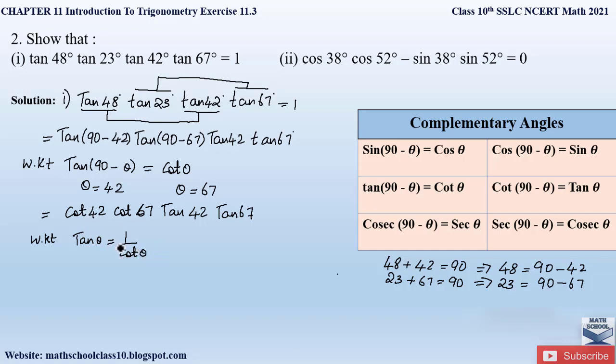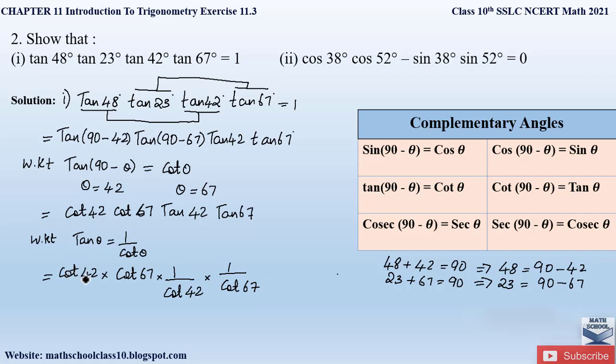So now let us substitute tan 42 as 1 by cot 42, and tan 67 as 1 by cot 67. So we get cot 42 into cot 67 into 1 by cot 42 into 1 by cot 67.